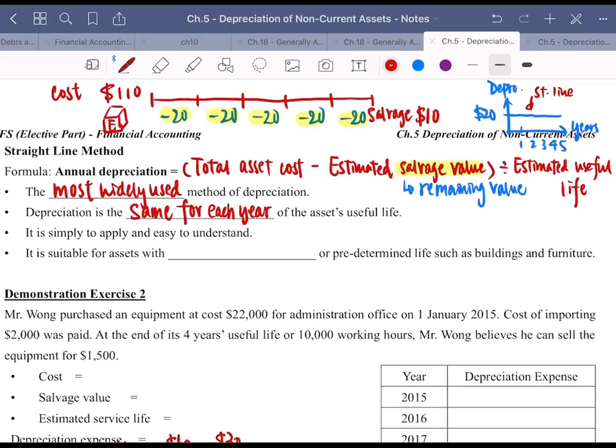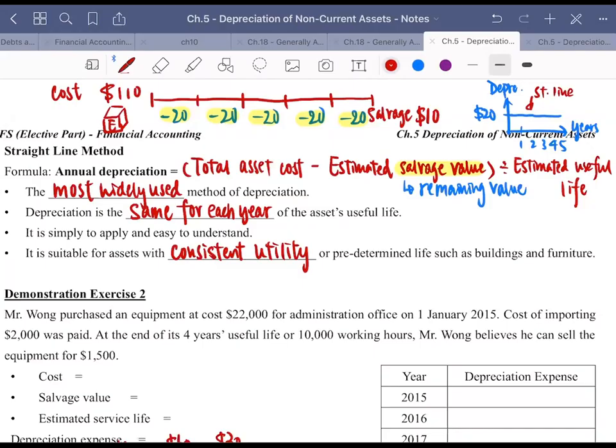And for the last point, it is suitable for assets with consistent utilities. What do we mean by consistent utilities? Meaning that, for example, for a building or furniture, I won't say the quality of the building would be significantly decreased after maybe 5 years or 10 years, but it may be evenly distributed.